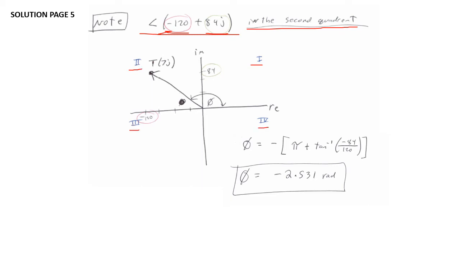If I'm going over negative 120 on my real axis to this point, and going up 84 on my imaginary axis for j, my angle from this axis over here is going to be my phi. So phi is equal to negative pi plus the inverse tangent of those two components, negative 84 over 120. When I do out my math, phi is equal to negative 2.531 radians.